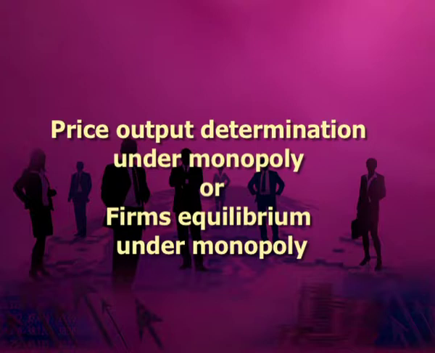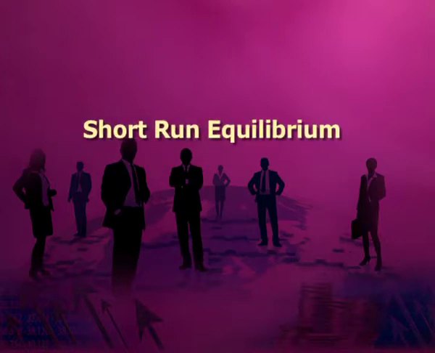Our next topic is price output determination under monopoly, or firm's equilibrium under monopoly. First is short-run equilibrium. A monopolist has to determine not only the output but also the price of the product. Since he faces a downward sloping demand curve, if he raises the price of his product, his sales will go down.